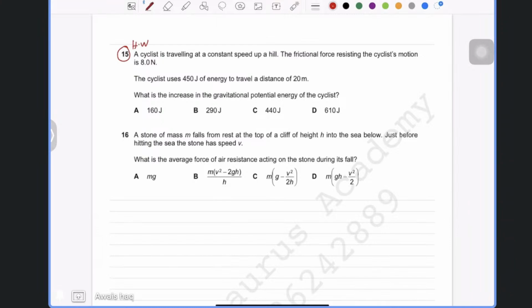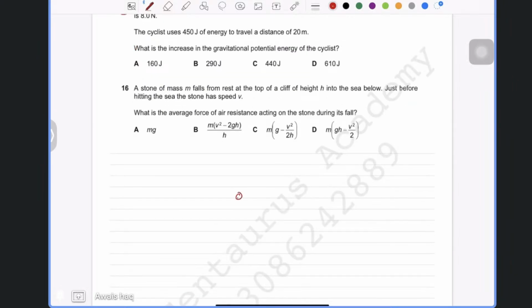So it says a stone of mass m falls from rest at the top of a cliff of height h into the sea below. Just before hitting the sea, the stone has speed v. What is the average force of air resistance? Now, when the stone is falling, obviously its weight is down, air resistance will be up.